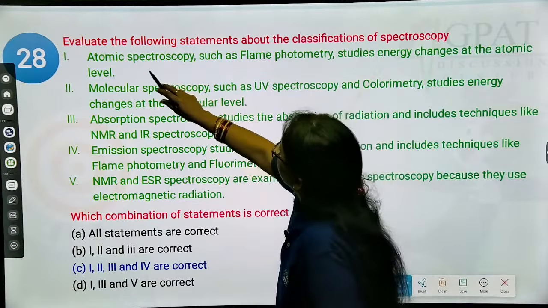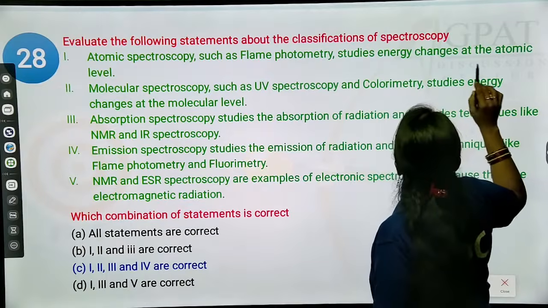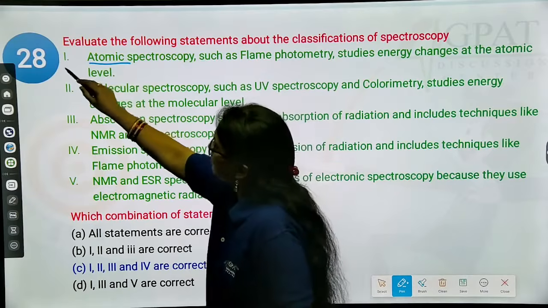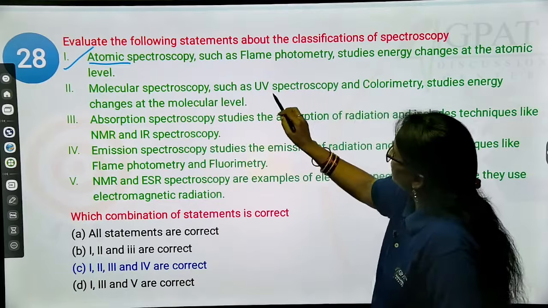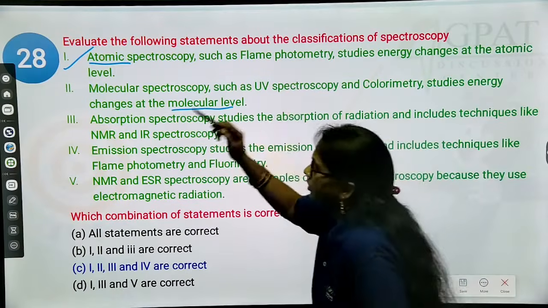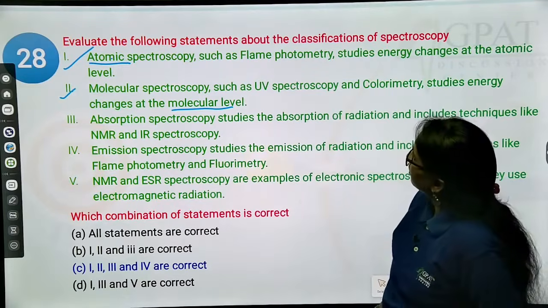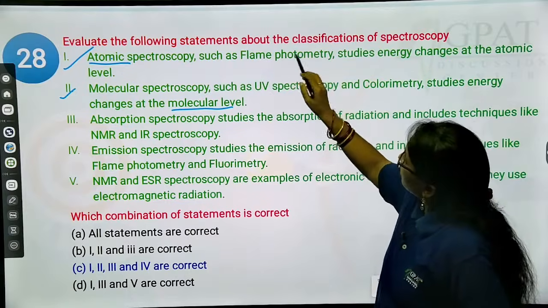Let me check. Atomic spectroscopy, such as flame photometry, studies energy changes at the atomic level. So definitely atomic level means this is the right answer. Molecular spectroscopy, such as UV and colorimetry, studies energy changes at the molecular level. So if this is right, this is also right. So 1 and 2 are right. What they have asked, evaluate the following statements about the classification.